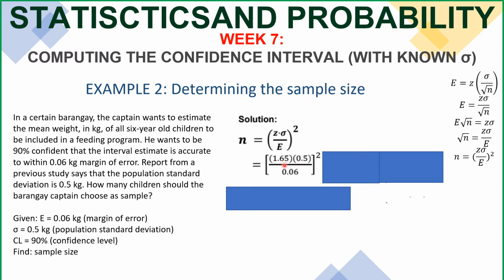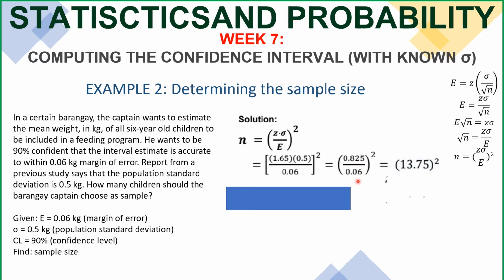So, i-simplify muna natin yung nasa loob. So, 1.65 times 0.5, we have 0.825 all over 0.06. So, i-simplify pa natin yung sa loob. I-divide muna natin. So, 0.825 divided by 0.06 is 13.75.